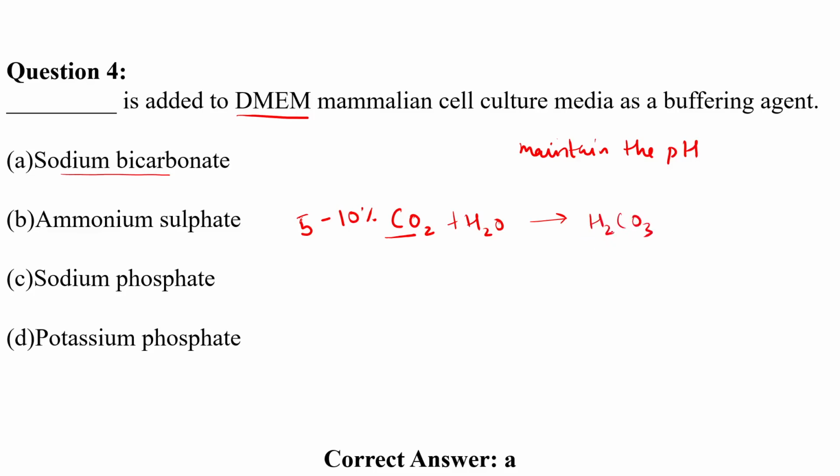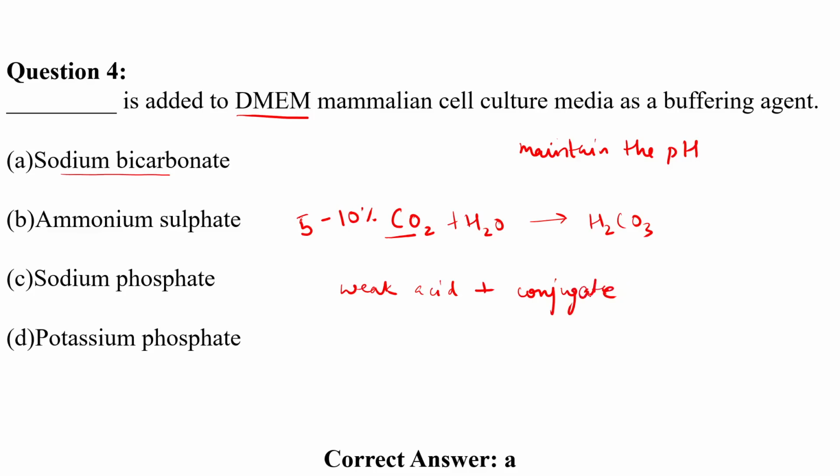You know how a buffer is made, right? A buffer is made with a weak acid and its conjugate salt.